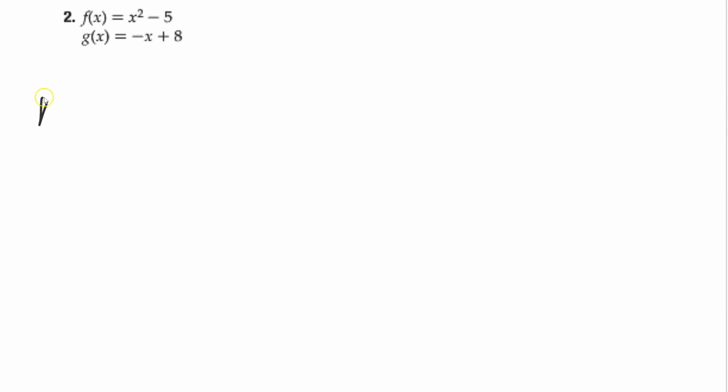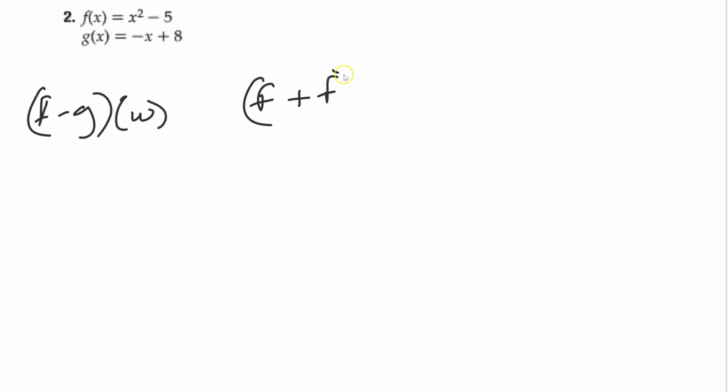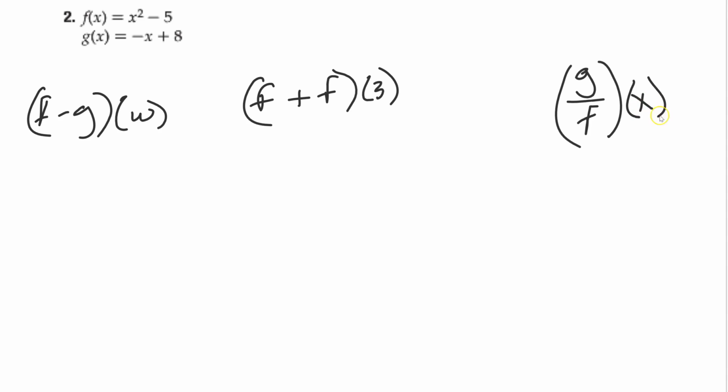Let's do f minus g of w, and let's do f plus f of 3, and then let's do g over f of x. So the first one, f minus g.